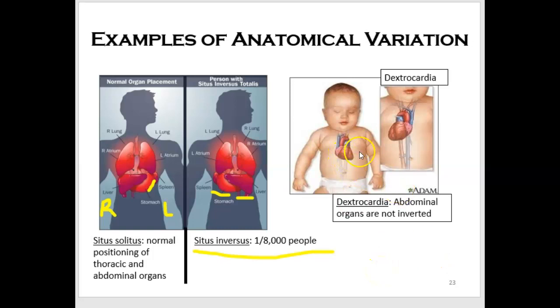So normally the apex of the heart, or the point, points towards the left side, but in dextrocardia the point is pointing to the right side. So what that means is usually the right side of the heart takes blood to the lungs and the left side of the heart takes blood to the rest of the body. That would just be reversed in dextrocardia, but function would still be normal.